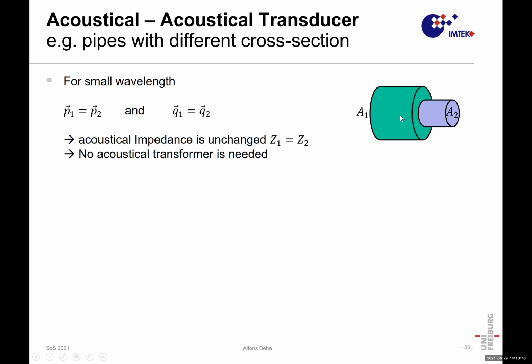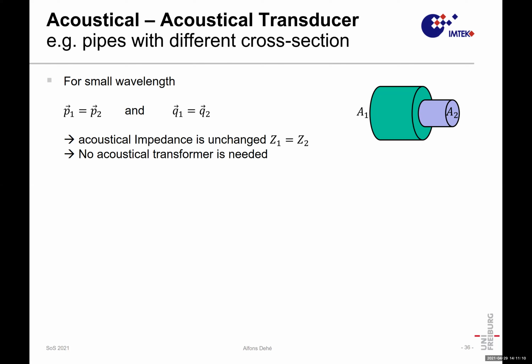So the flux is the same. This means the acoustical impedances are unchanged, that Z1 is equal to Z2. This looks strange, but it is true.